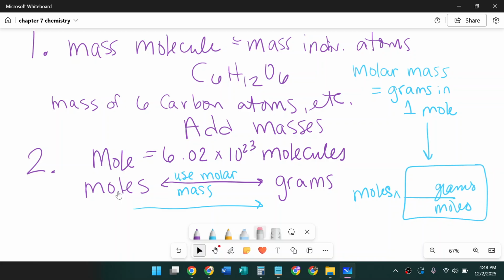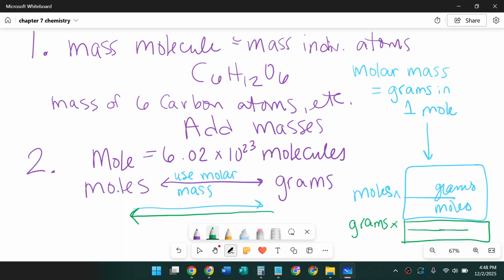If we're going the other way, from grams to moles, which we haven't done yet, but let's pretend we are, we would take grams that they give us and use the same 2 numbers, but we would put our grams on the bottom and our moles on the top. The same thing right here, but the fraction would be flipped over. So knowing those 2 pieces will help you understand.